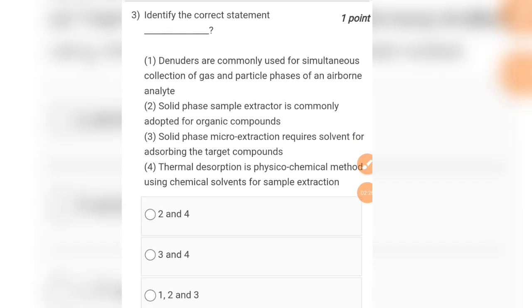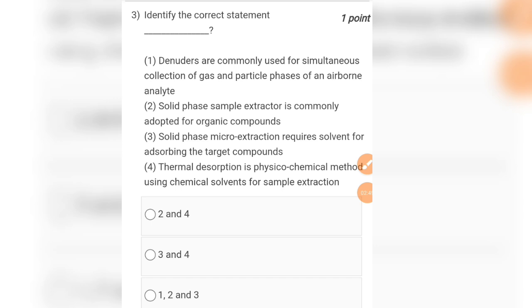Okay, question number 3 is: identify the correct statement. So statements are: denuders are commonly used for simultaneous collection of gas and particle phases of an airborne analyte. Statement 2 is a solid phase sample extractor is commonly adopted for organic compounds.